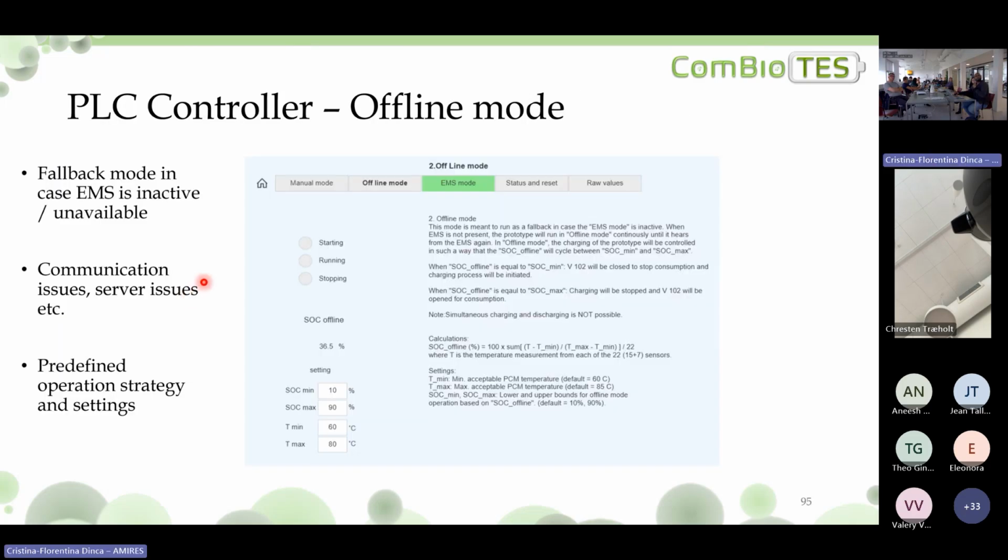In the PLC control, we have the second mode of operation, which is an offline mode, which allows us to operate the system when there is no external communication. For example, if there are server issues, or no network communication, then it is able to operate independently.